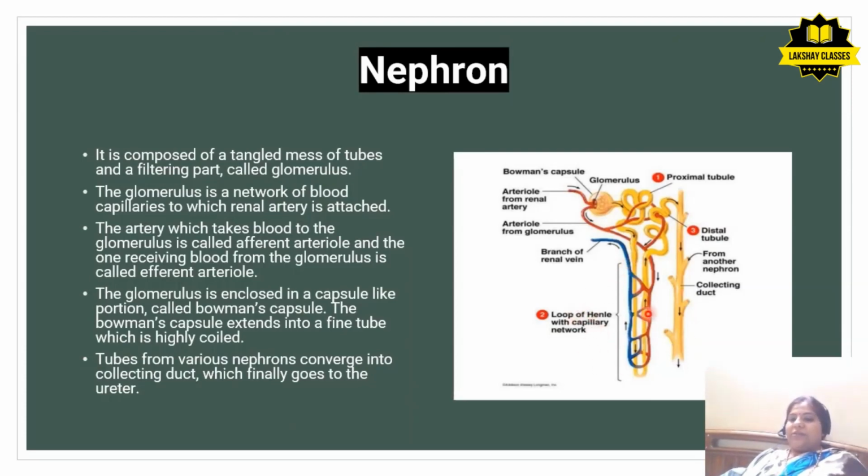Different ions which are required by the body are reabsorbed over here from this network of blood vessels. And then the waste material is collected in this collecting duct, and through this collecting duct the waste materials are transported to the ureters of the kidney.